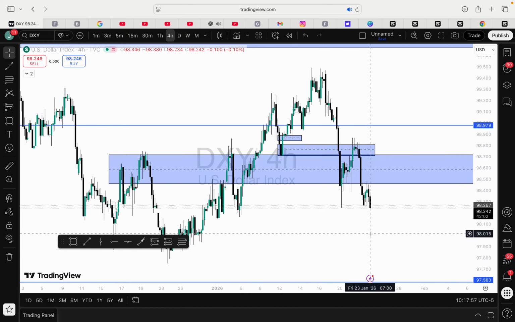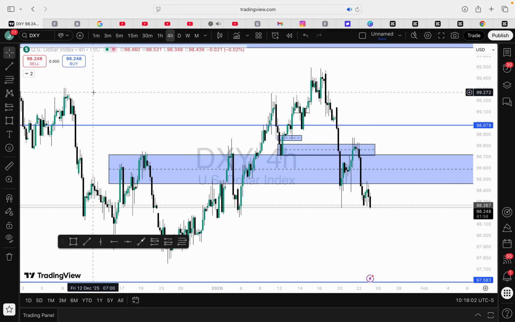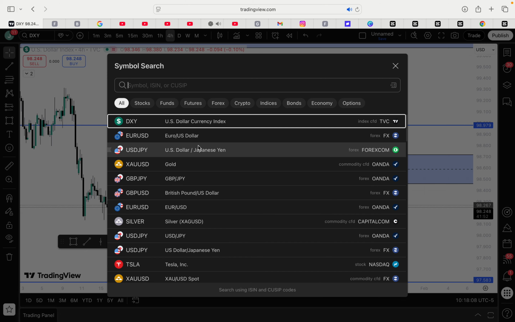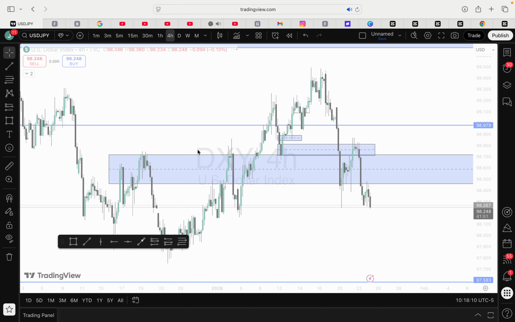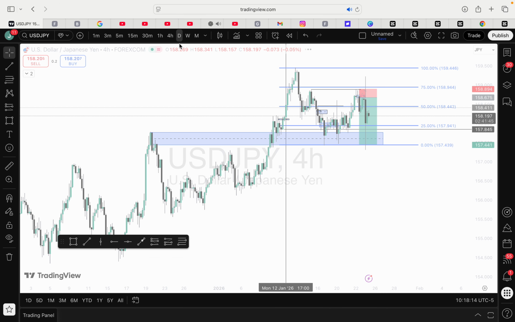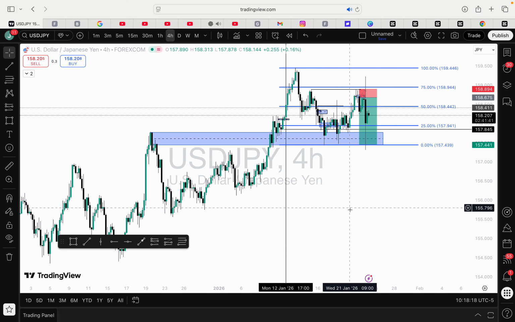Because of the news, it's going downward, which means USD/JPY will also go higher. So let's come to this area and see the 4-hour. Let's start with the daily. The daily is not that clear.